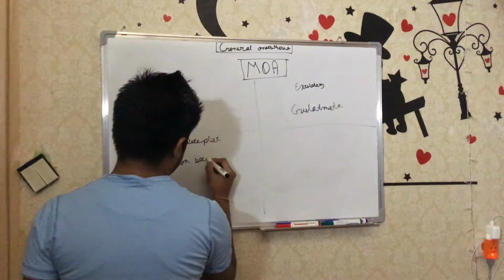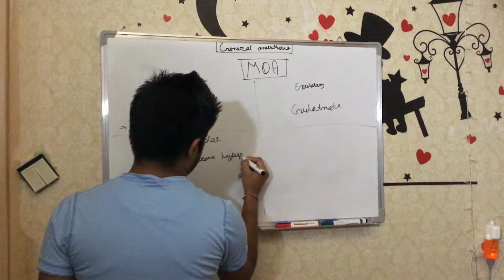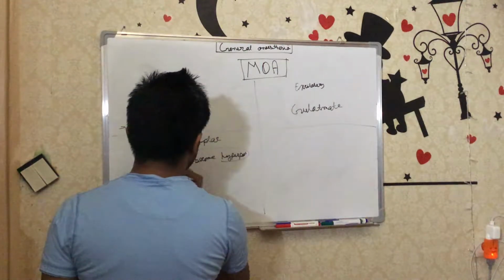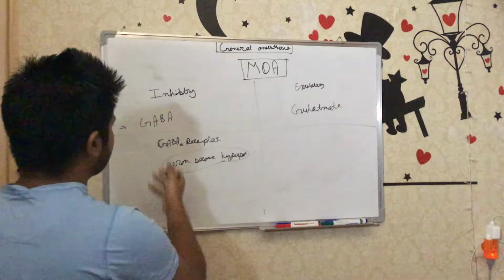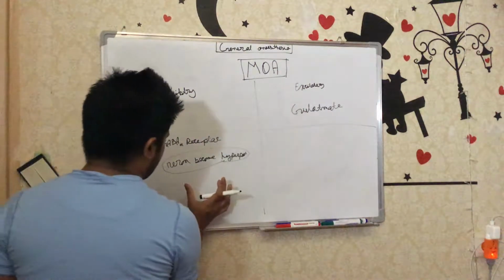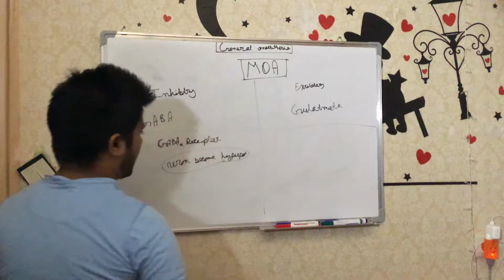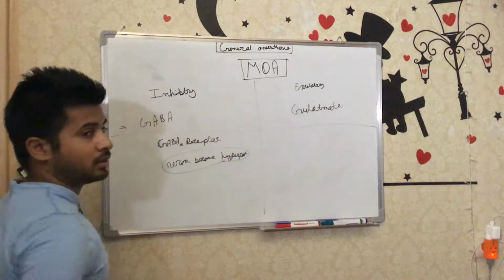The neuron becomes hyperpolarized, so it can't be stimulated whenever the drug acts on a GABA receptor. As we know, it is an inhibitory neuron, so what does that mean? When the neuron becomes hyperpolarized, it can't be stimulated.